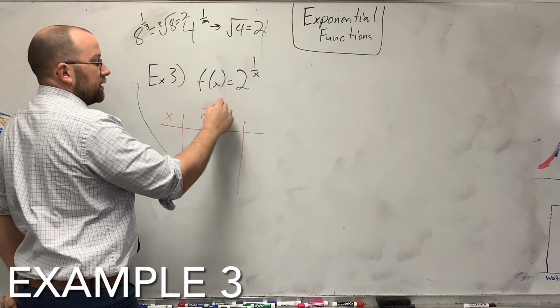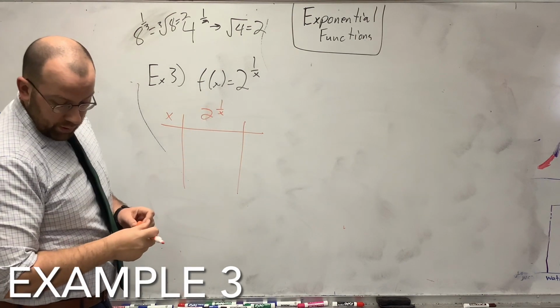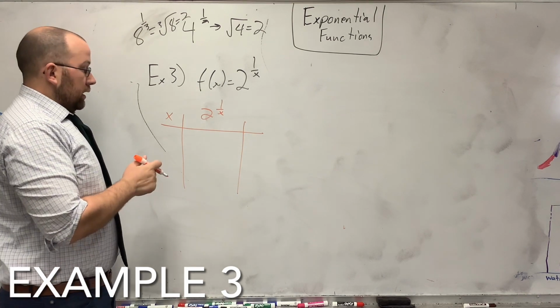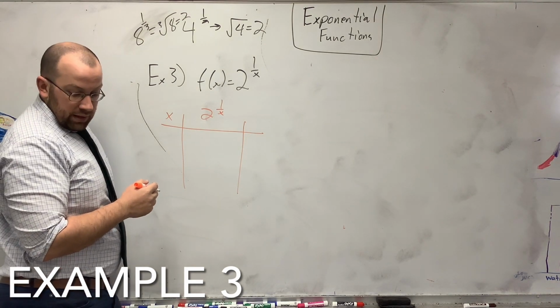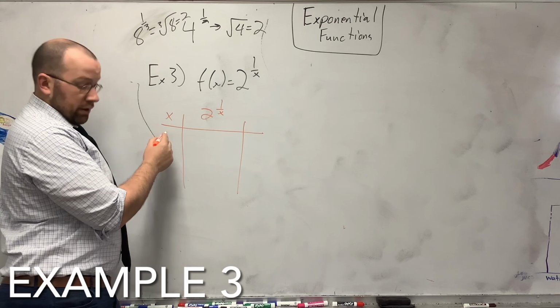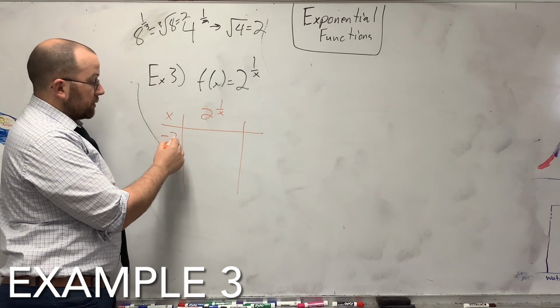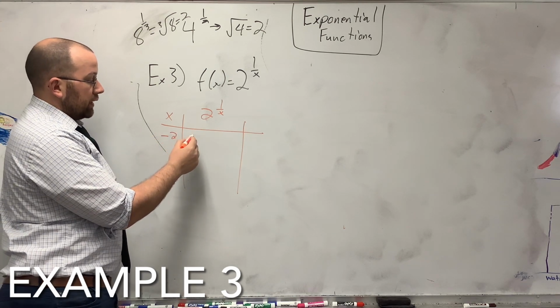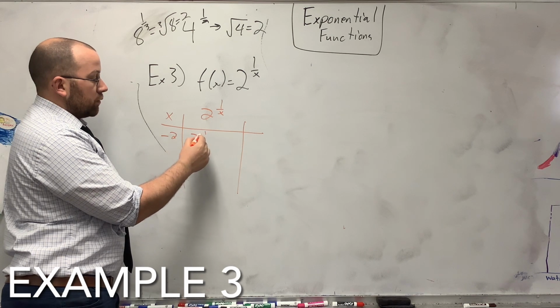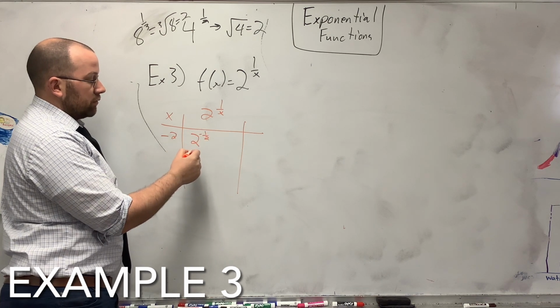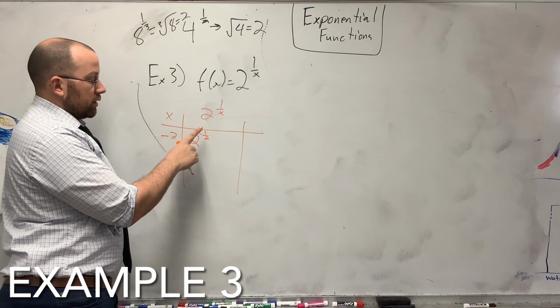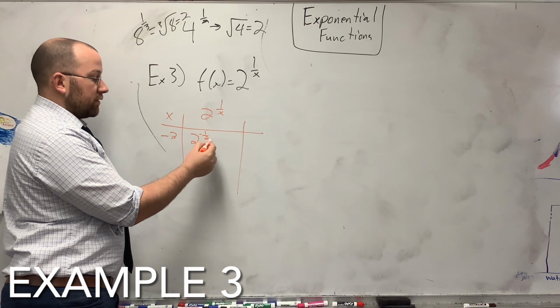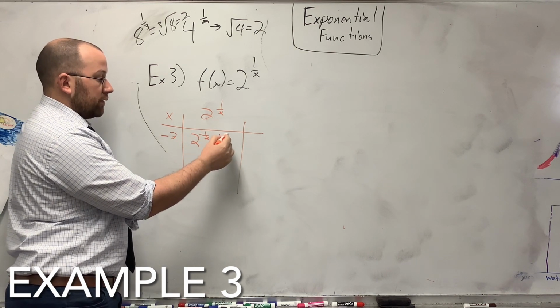So it's a little bit more difficult problem to do, but we will work our way through it. You need a calculator. I've already done all the calculations for me to make it a little bit easier, but it's going to come out looking strange. So I'm going to start with negative 2 first. So I have 2 raised to the negative 1/2. Since I have a negative, I have to switch this to 1/2.